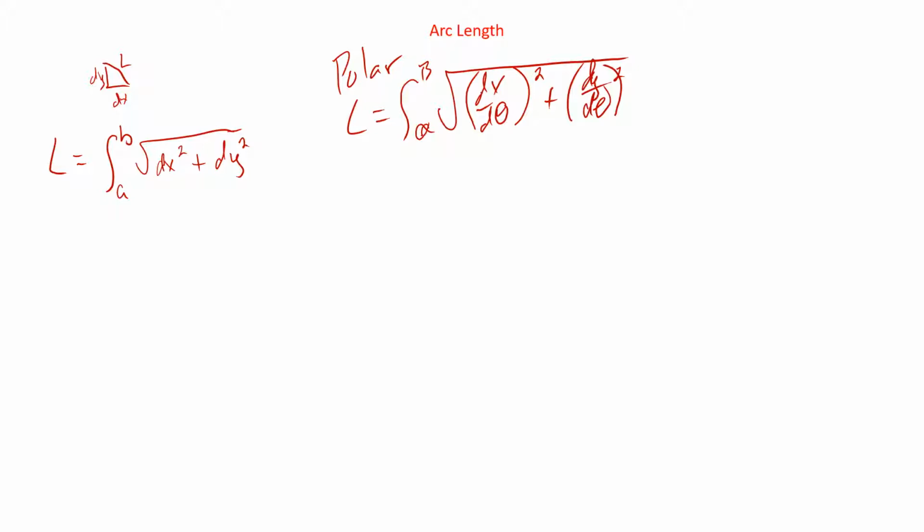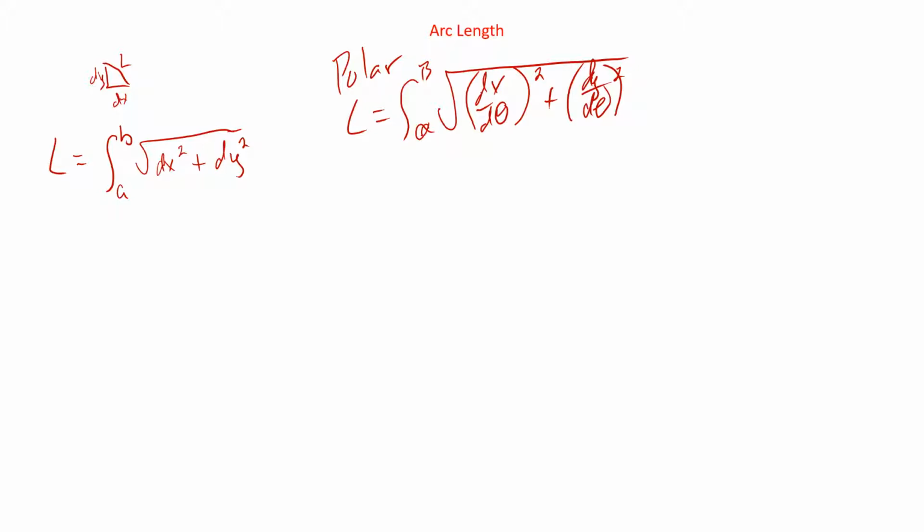And what happens, if we remember that dx was f prime of theta cosine theta minus f of theta sine theta, and dy was f prime theta sine theta plus f of theta cosine theta, way back from the beginning, we found these values in the beginning of this section.